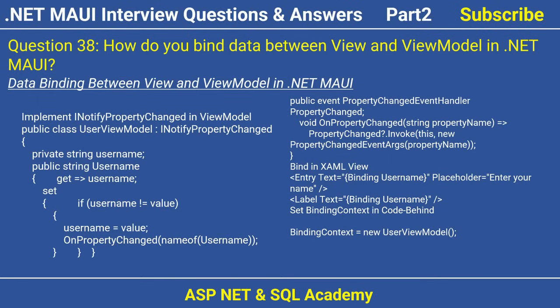For example, if you have a Username property, you raise OnPropertyChanged whenever the value changes. In the XAML view, bind to that property using the binding syntax, as in the example. Finally, set the binding context of the page to the view model. This connects the data source to the view, enabling two-way updates automatically.